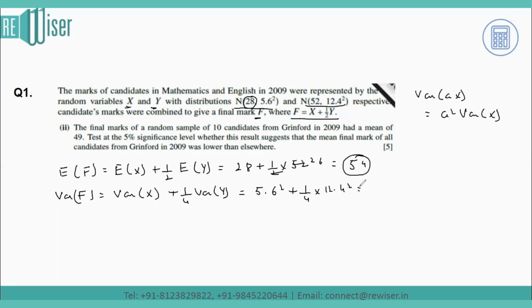The variance that we got for this is 69.8. So that's the variance of F.